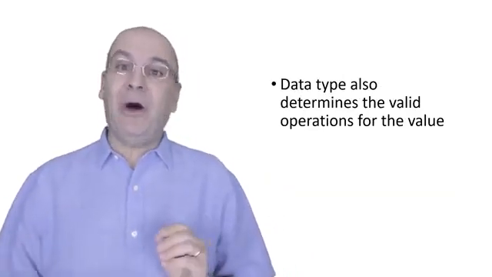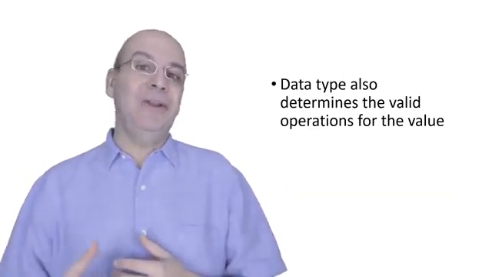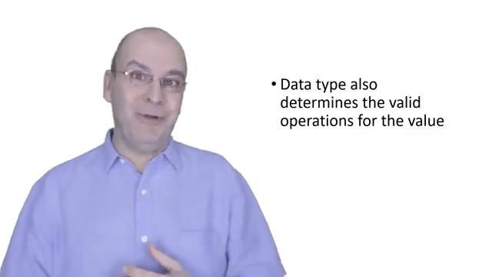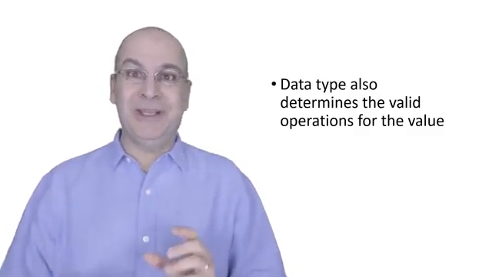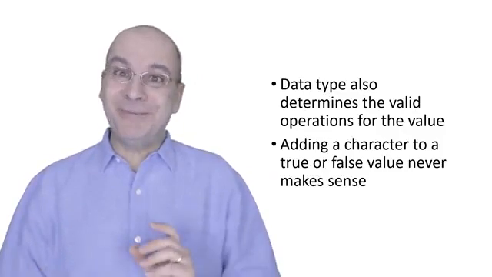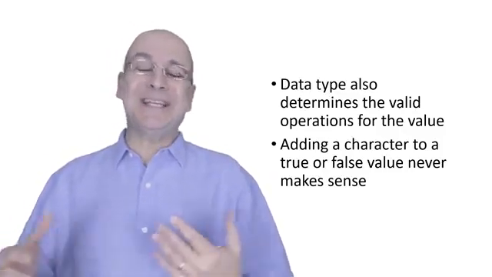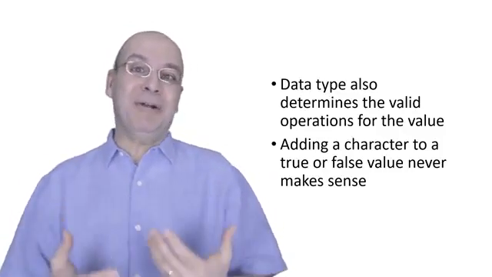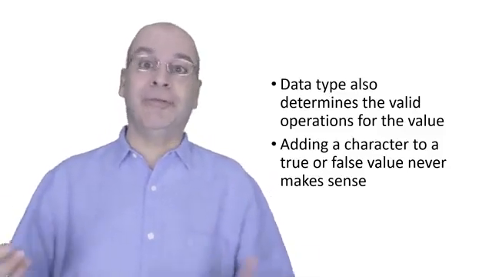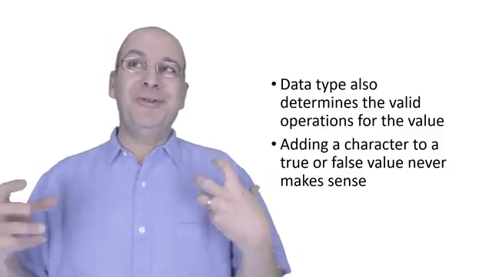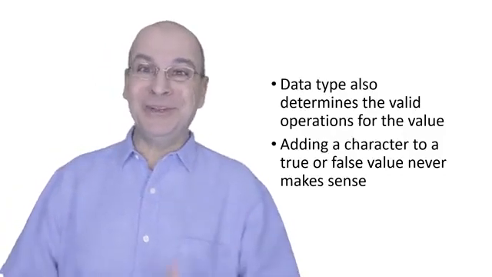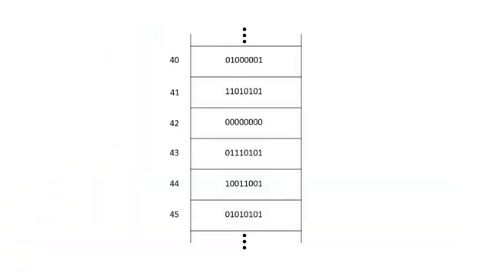A data type also will tell us the valid operations that we can perform on those bits in that memory location. For example, it doesn't make any sense at all to take a character and add true or false to it. Those are not compatible data types for addition.